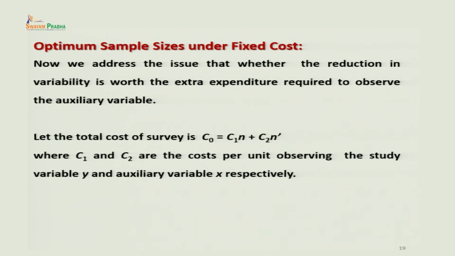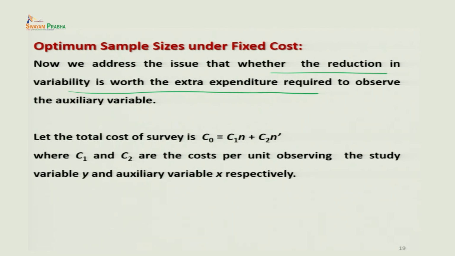Now, we do the same thing that we did in the case of the ratio method of estimation, and we find the optimum sample sizes of n and n prime, and that is going to address the issue whether the reduction in the variability is worth the extra expenditure required to observe the auxiliary variable, because that is what we discussed, that you have to devote some of your funds for drawing one more sample to estimate your capital X bar.